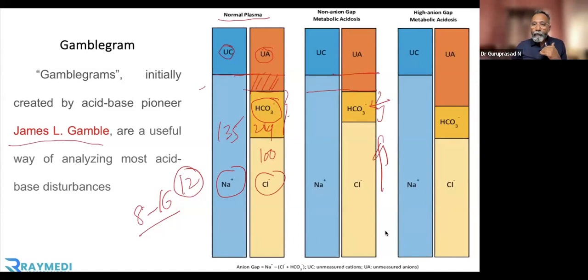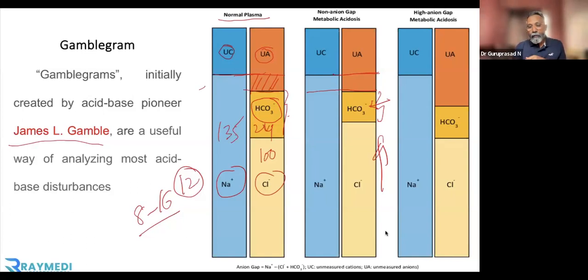So I'll tell you what are the conditions where you'll get a normal anion gap. One of the commonest we see in the hospital is after resuscitation with normal saline, the chloride increases and it causes a hyperchloremic metabolic acidosis. So when there is a normal anion gap, the cause may be either a renal or an extra-renal cause, which I'll explain to you in a future slide.